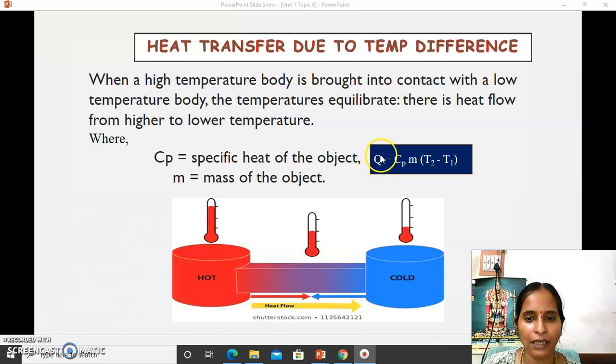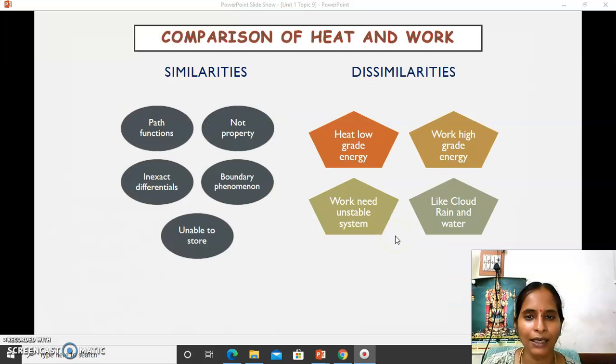The amount of heat transferred from hot region to cold region is equal to Cp or Cv, that is the specific heat of that substance, into the mass of the substance, how much amount of substance you are taking, ice, water, air, any gas, any refrigerant, anything, and the specific heat of that substance into the temperature difference between the two regions or two objects. Okay, the product of these things will give you the heat transfer.